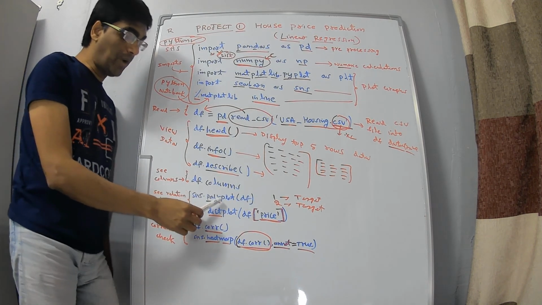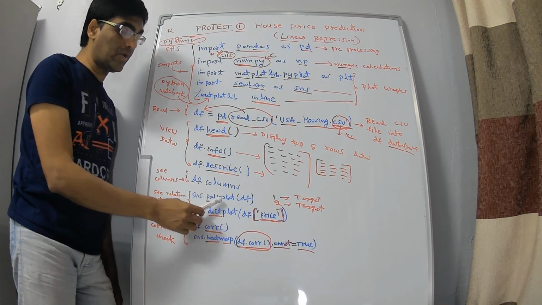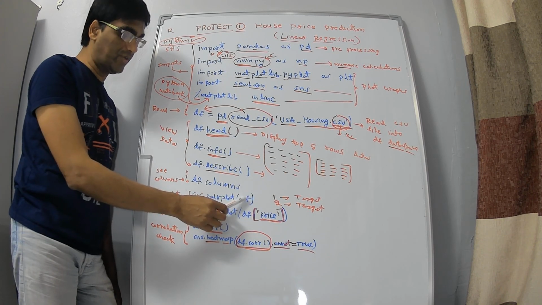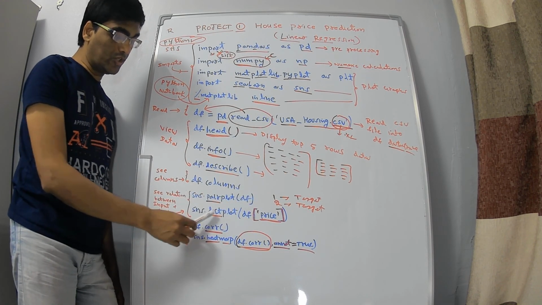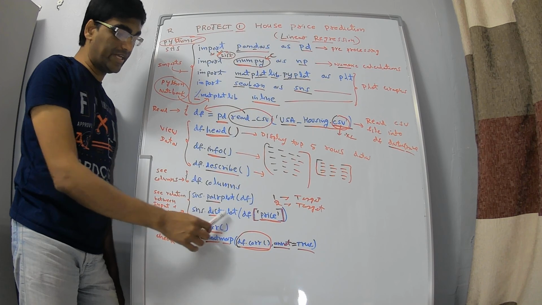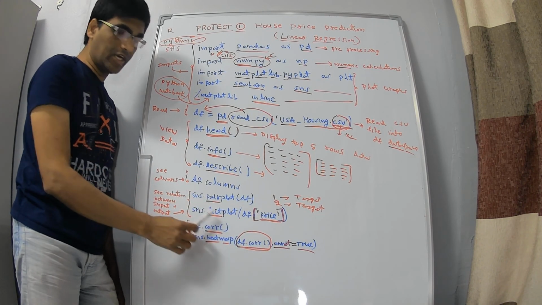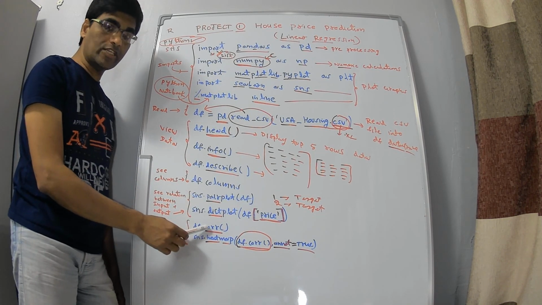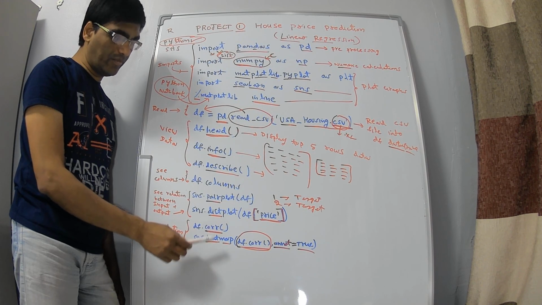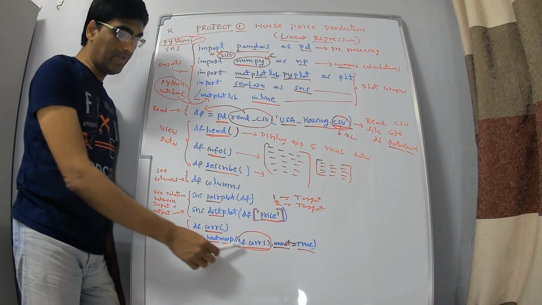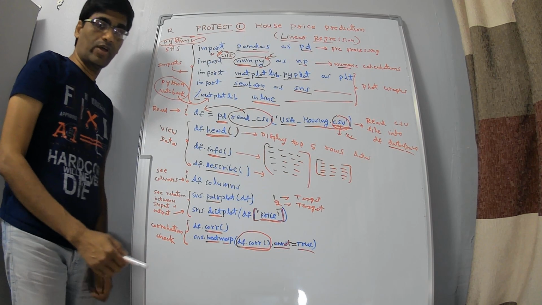To draw the pair plot we use the pairplot command from seaborn, SNS, passing your data frame. To draw the distribution plot we use this command from SNS, passing our target variable. To find the correlation between the variables we use the corr method. In the same way, we use the heatmap method for this one.